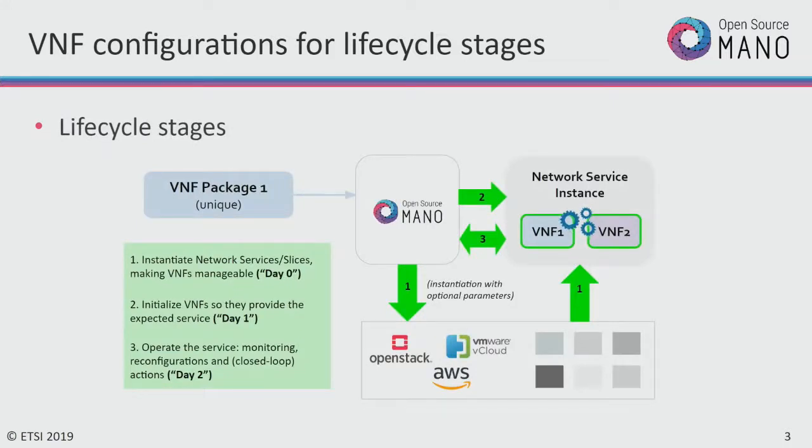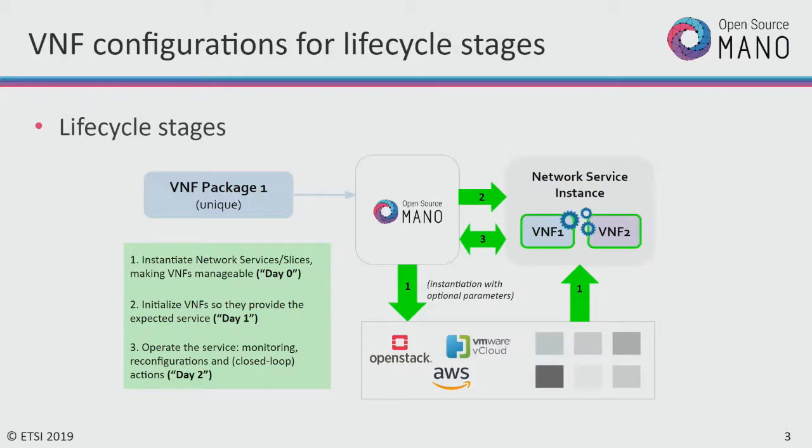So here we have an example of the lifecycle stages, and we can see that in day 0 the orchestrator, the open source MANO, talks with the VIM (OpenStack, AWS, VMware, VNEMU), and the VIM creates the virtual machines, okay?